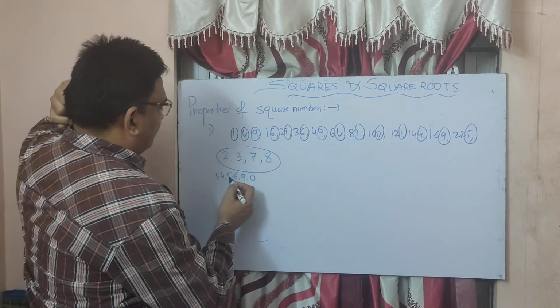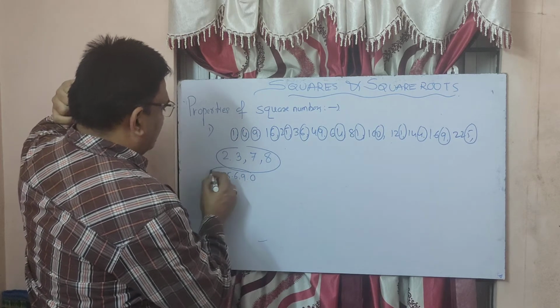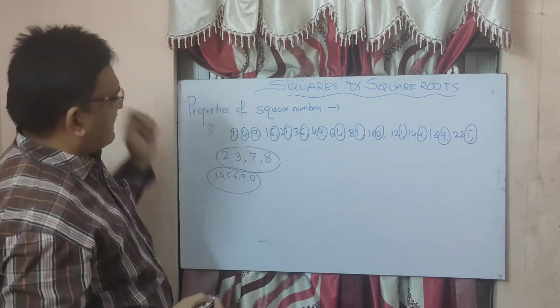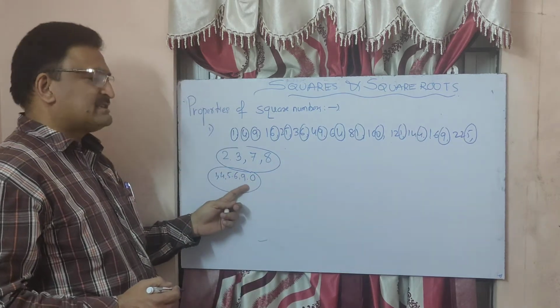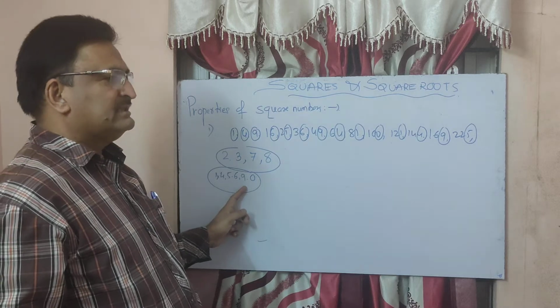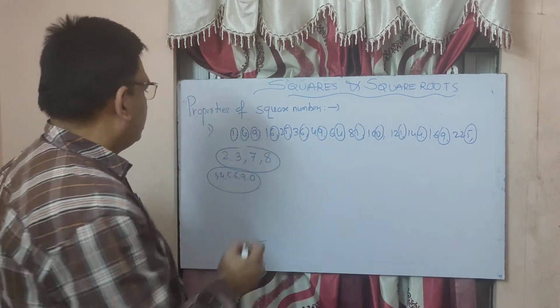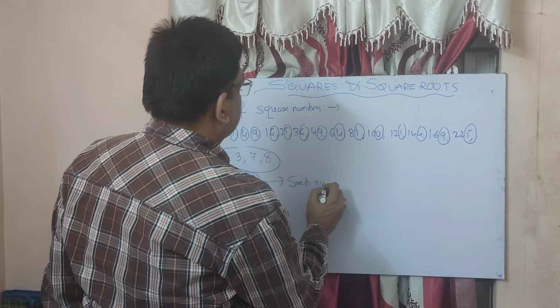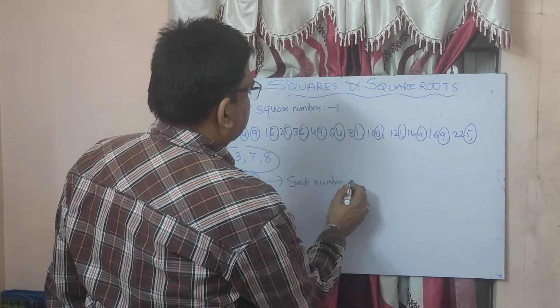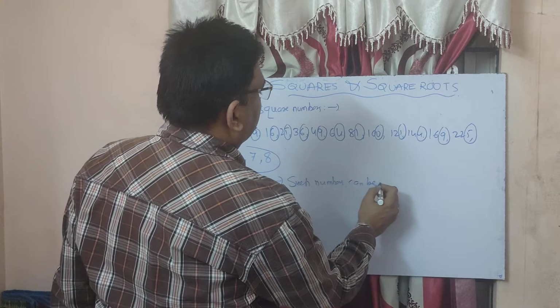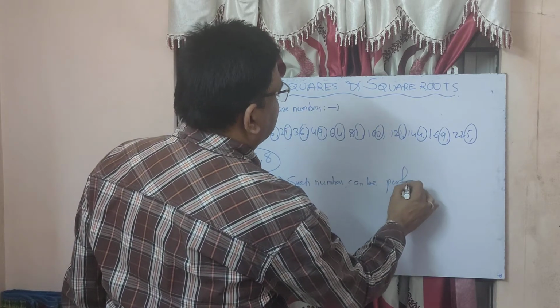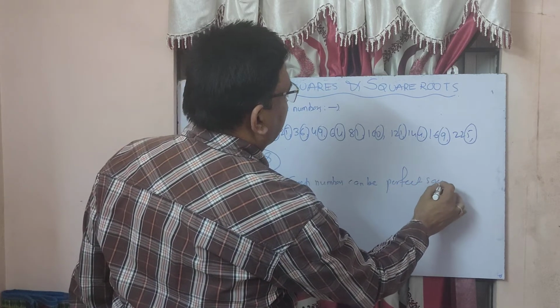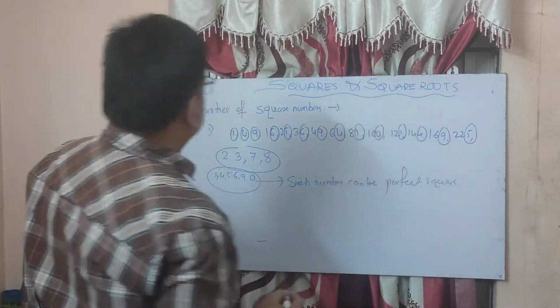If 1, 4, 5, 6, 9 and 0 are the last numbers, then such numbers can be perfect squares. So this is the first property.